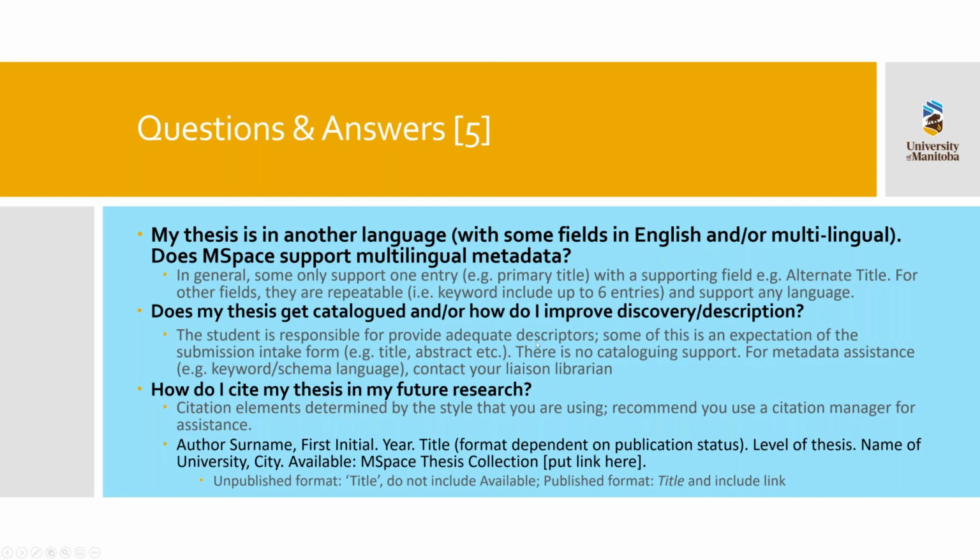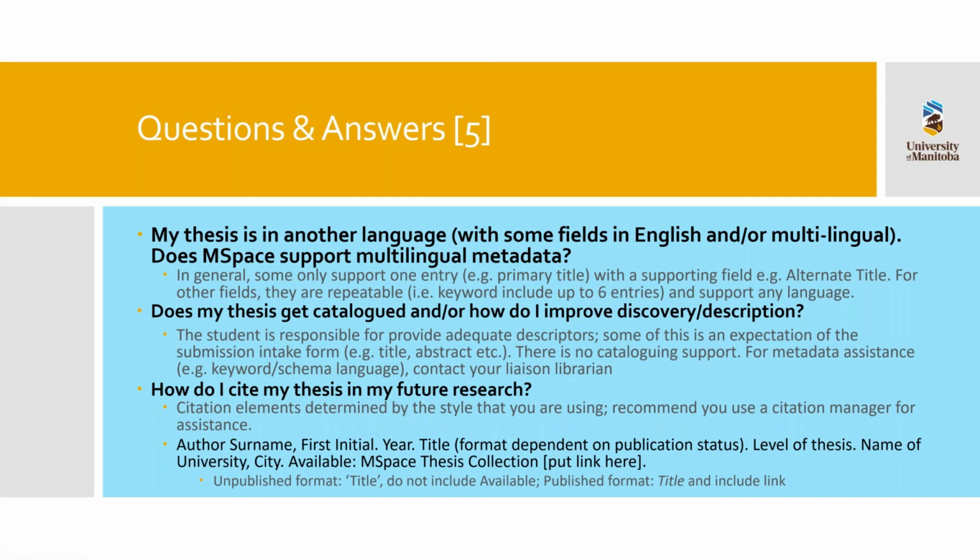And then finally, we've gotten a few requests for how to cite my thesis in my future research. Best practice is always to use a citation manager for assistance, as the citation elements are determined by the style that you're using. But as a general rubric, provided below in black here: author surname, first initial, year, title, level of thesis.